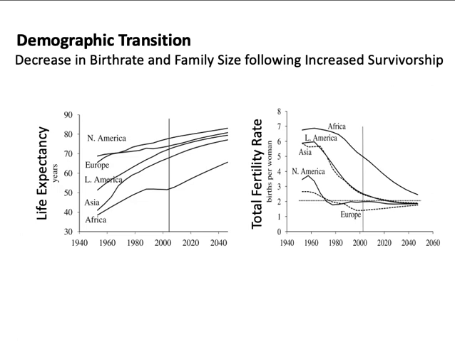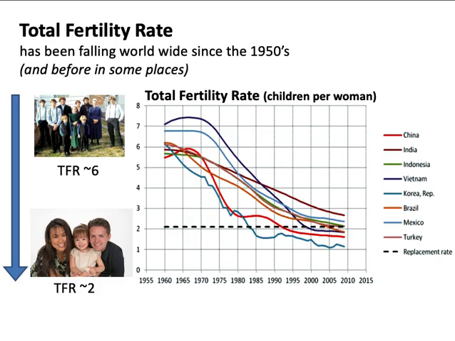Okay. So those are the 2 factors that explain variation in birth rates and death rates. Mortality, which we measure as life expectancy, and fertility, which we measure as the total fertility rate. And so here's some more data showing that the total fertility rate has been falling in different populations around the world since the 1950s.